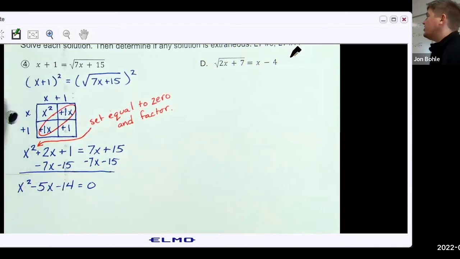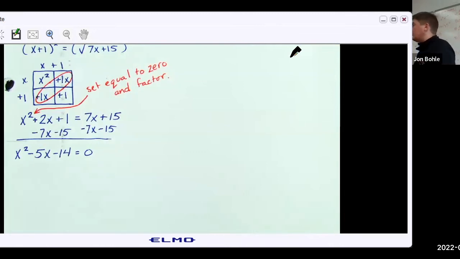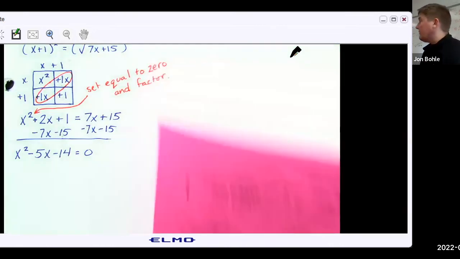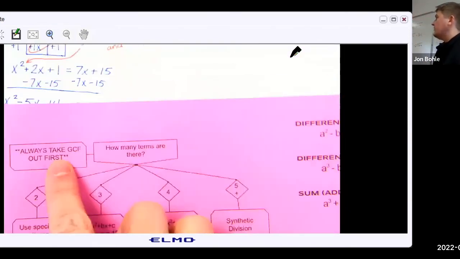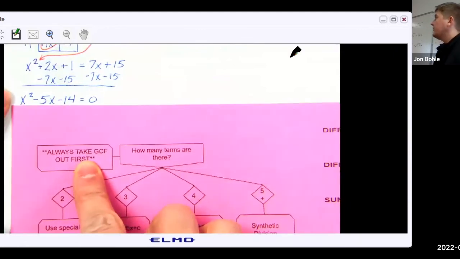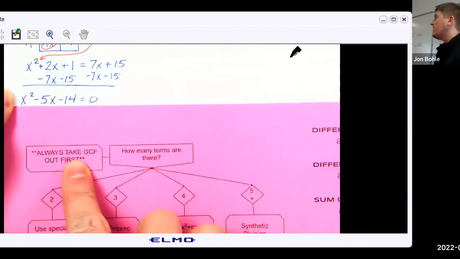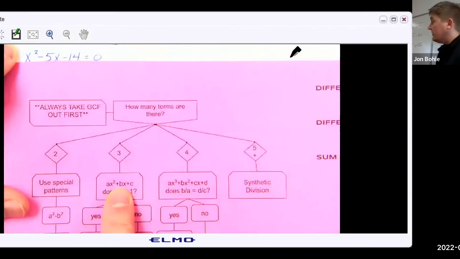And as some genius pointed out, we have this fantastic flow chart that will diagram exactly how to factor this if you don't remember. First thing we want to do is take out the greatest common factor. Is there any greatest common factor here? 1, so no greatest common factor. How many terms do I have? 3. When there's 3 terms, I find my a value, b value, c value.